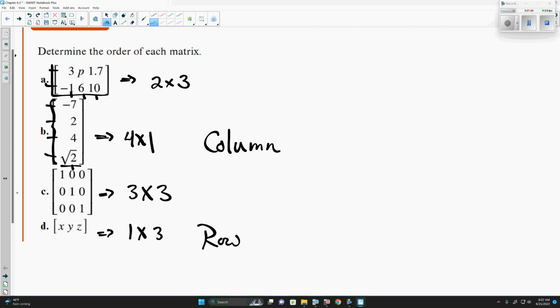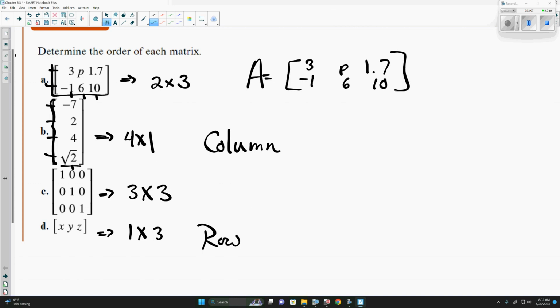Now we've done these in Algebra 2. We also talked about elements because each number or variable in the matrix is considered an element. And we denote it in lowercase. So if we call the first matrix here matrix A, so A is 3, P, 1.7, negative 1, 6, 10.